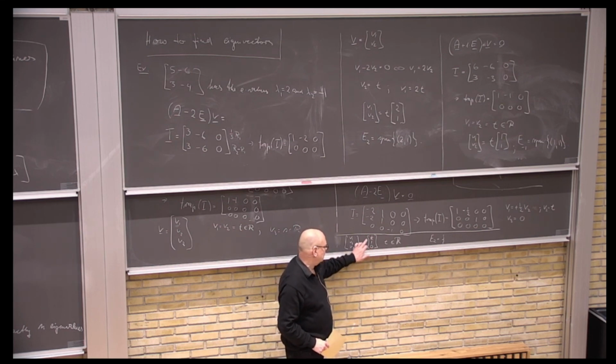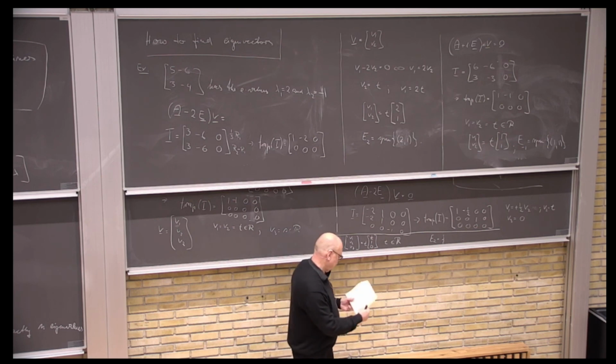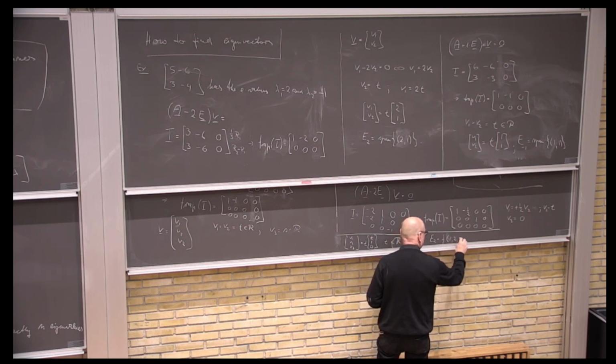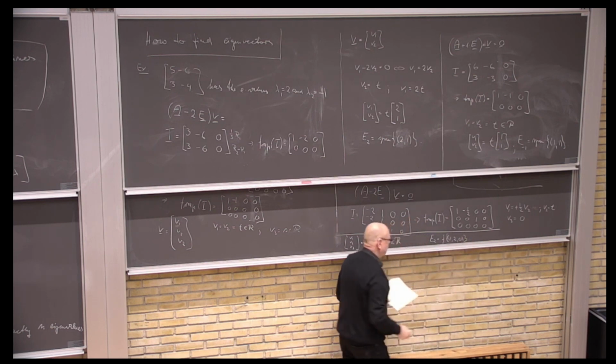So if I put t equal to 2, I get 1, 2, 0 as the eigenvector.